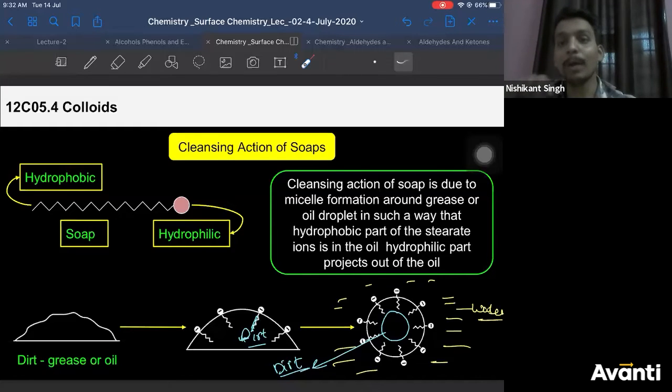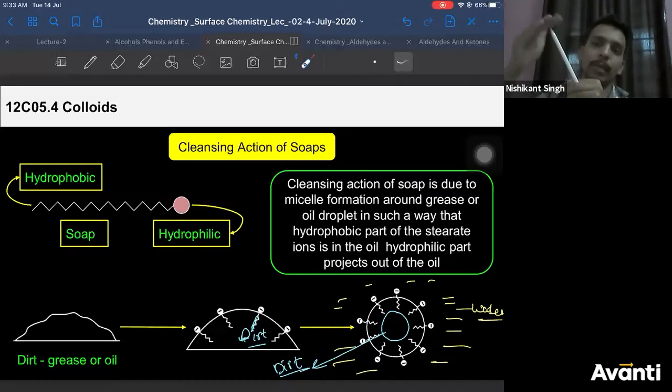So when you rinse it, why does dirty water come out? Who is bringing the dirtiness out of your clothes? Micelles. It is micelles which fall off from your clothes when you rinse them. Is that clear, everyone? So basically, let me summarize. There is dirt, and the hydrophobic part of the soap comes around the dirt.